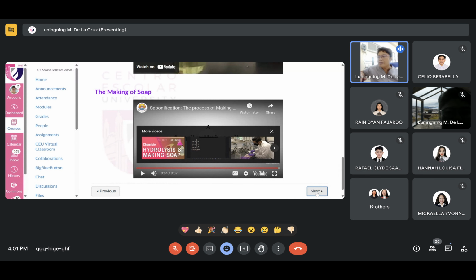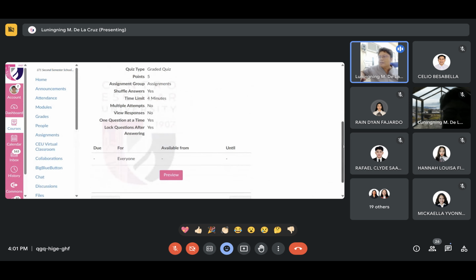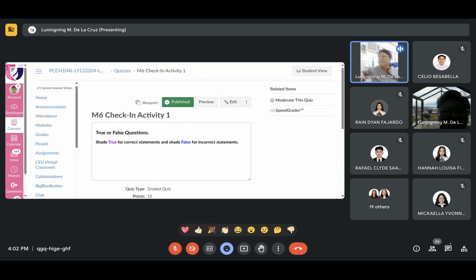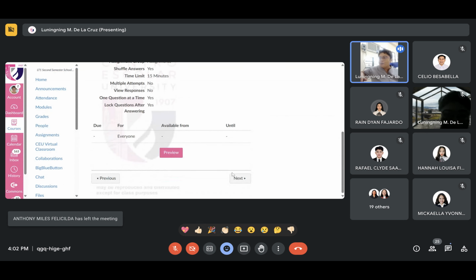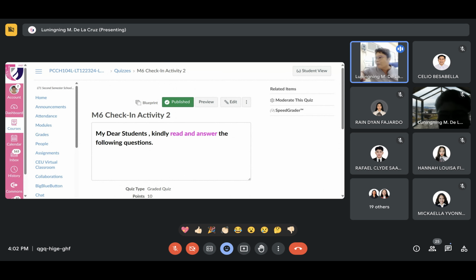It is just a mixture of coconut oil and sodium hydroxide. When coconut oil is mixed with sodium hydroxide, you form a suspension of oil salt. Then you filter that one, and that will be your soap now.